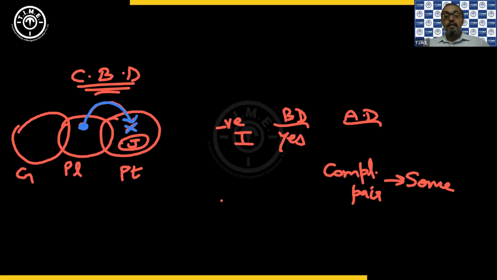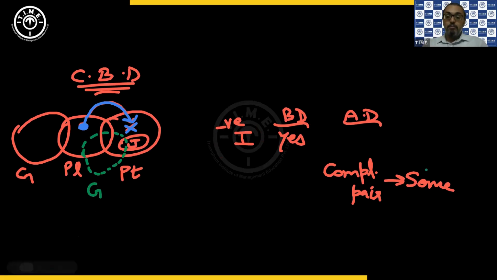Now we need to check, can I have jar and glass partially overlap with each other? All the while I have to maintain its original relation. The original relation is with respect to plate. Some glass are plate. So will I be able to do that? Definitely you can. See, if I move the G circle and help it overlap like this, the original relation, glass and plate, are overlapping.